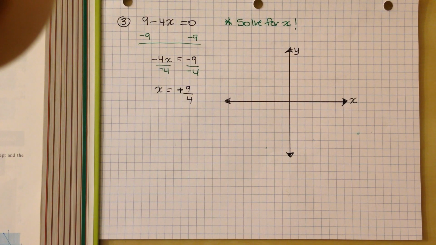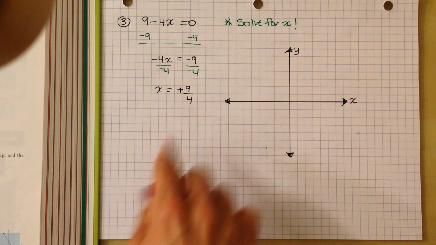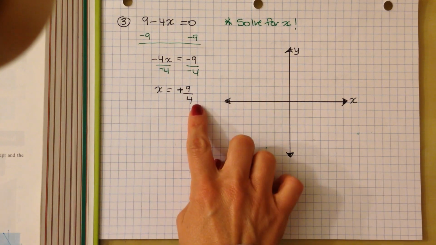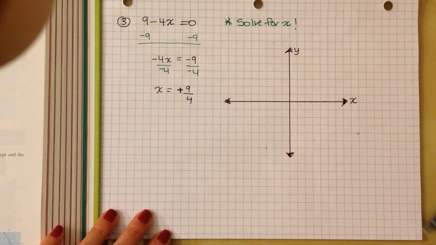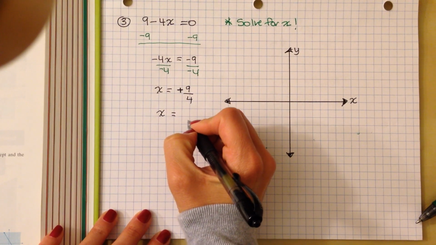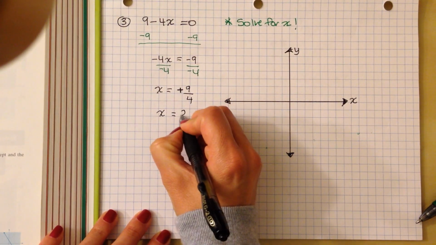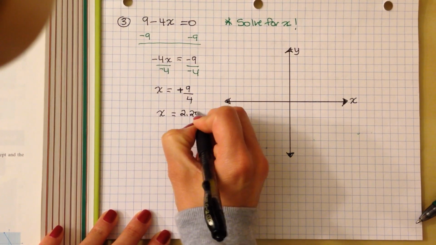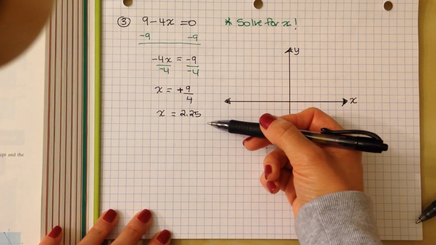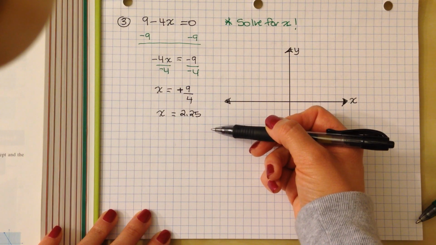So what we want to do now is, this is a fraction. So what you want to figure out is, what is the decimal for 9 over 4? If you actually divide this out, you should get that 9 over 4 is equal to 2.25. So if you happen to have a fraction, change it to a decimal because it's easier to graph.